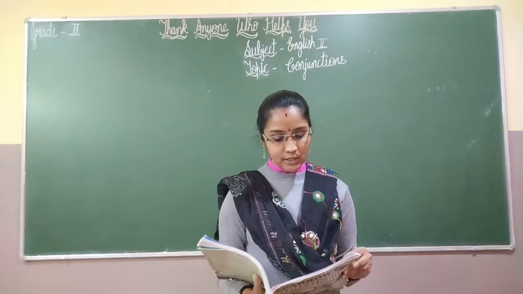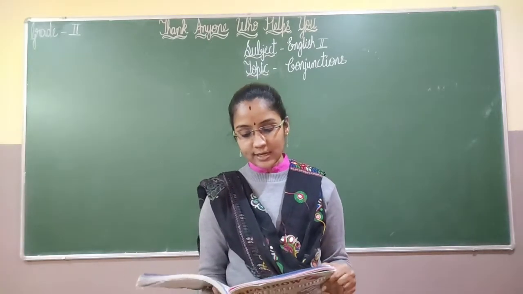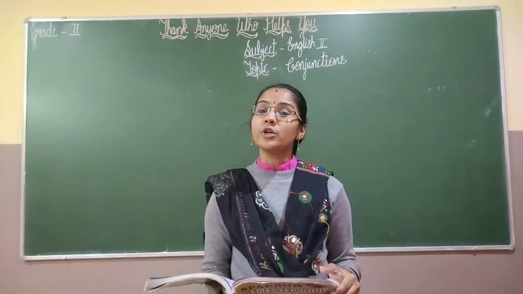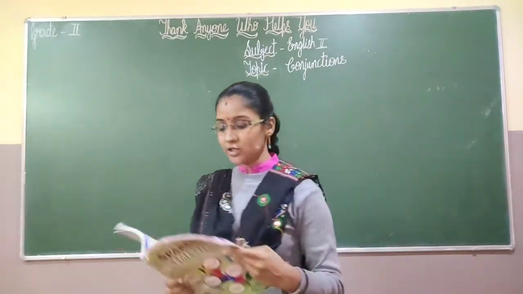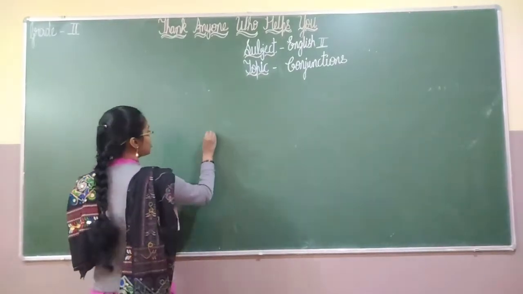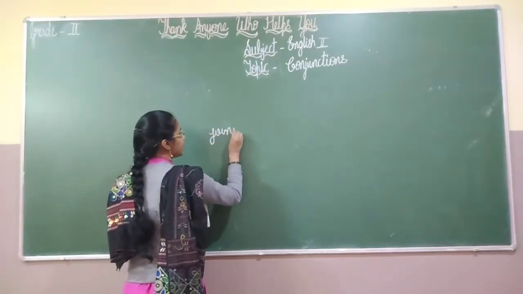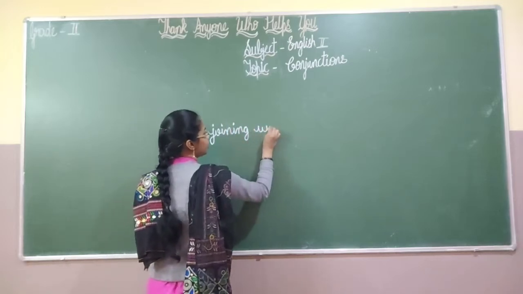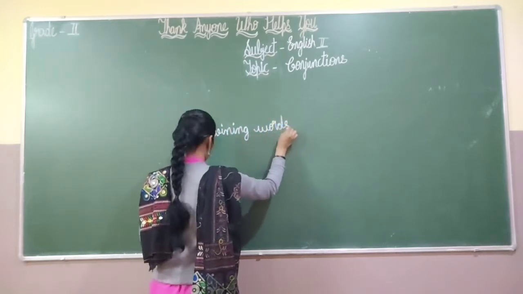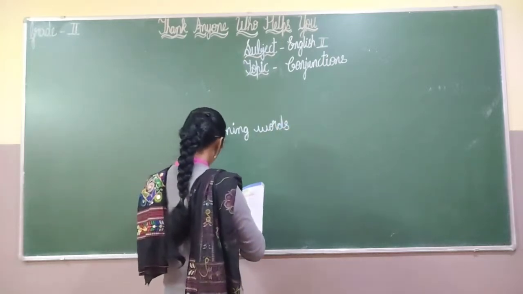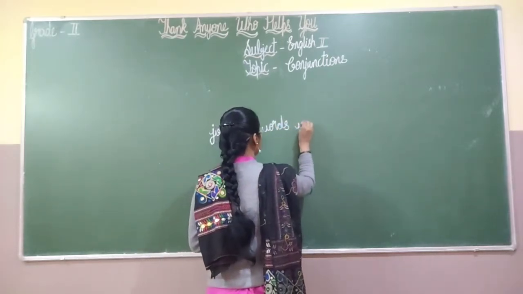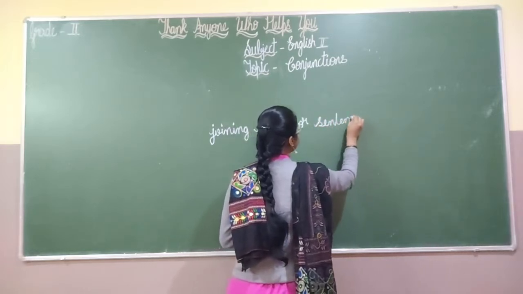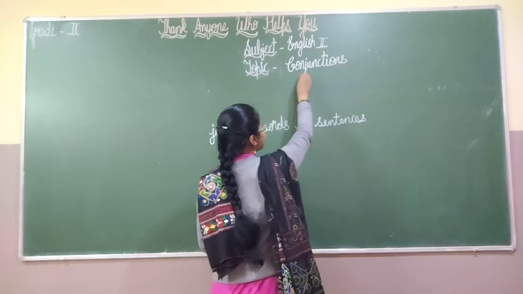Joining words, or conjunctions, are words that help us to join two words or two sentences. When we are joining words or completing sentences, we are going to use these conjunctions.